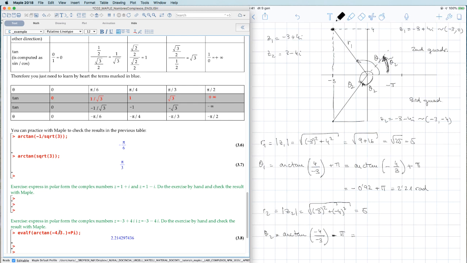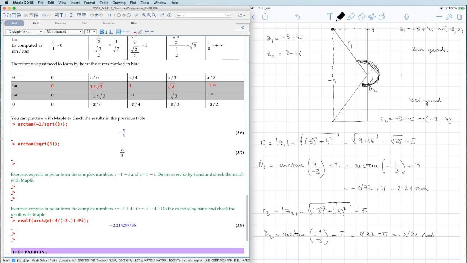Again, the arctangent we cannot compute using the table, so now we subtract pi and we get minus 2.21 radians. Of course, looking at the plot, you can see that this angle here is the same as minus this angle here.